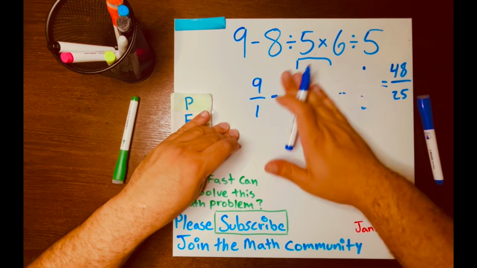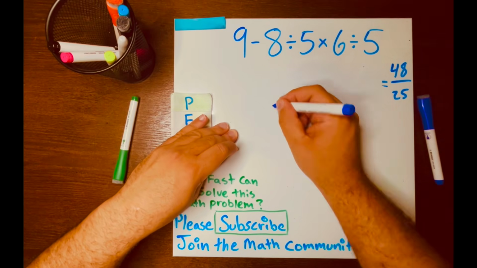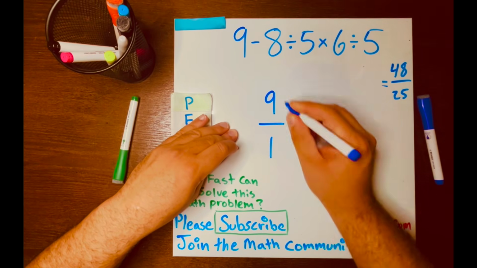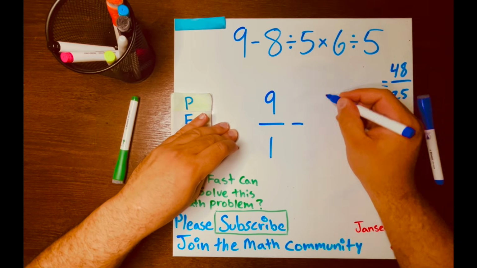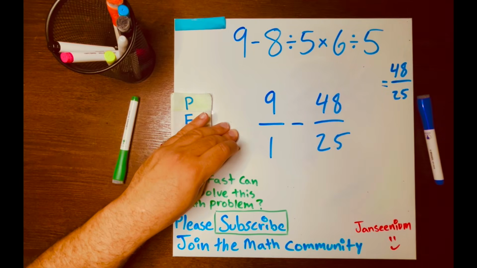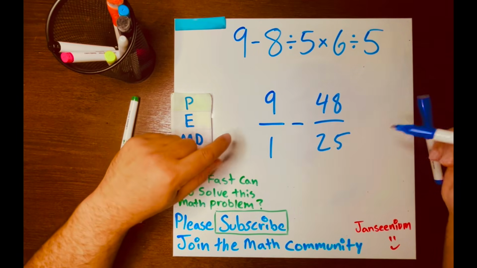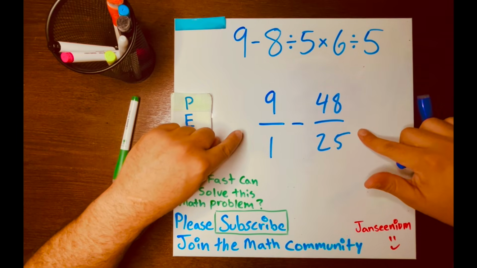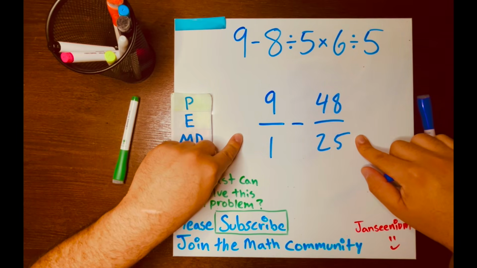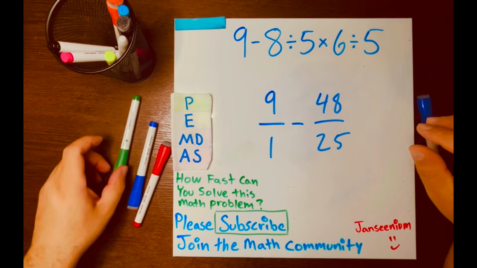And I'll erase all this and rewrite 9 over 1 larger on the board. So 9 over 1 minus, and rewrite 48 over 25. And there you go. Now, notice that I'm subtracting two fractions, but the denominators are different, so I use the butterfly method.